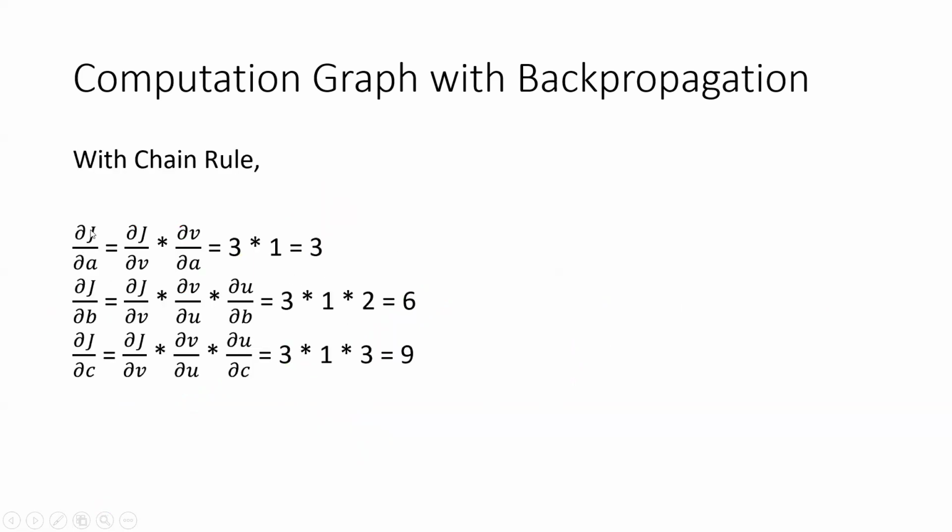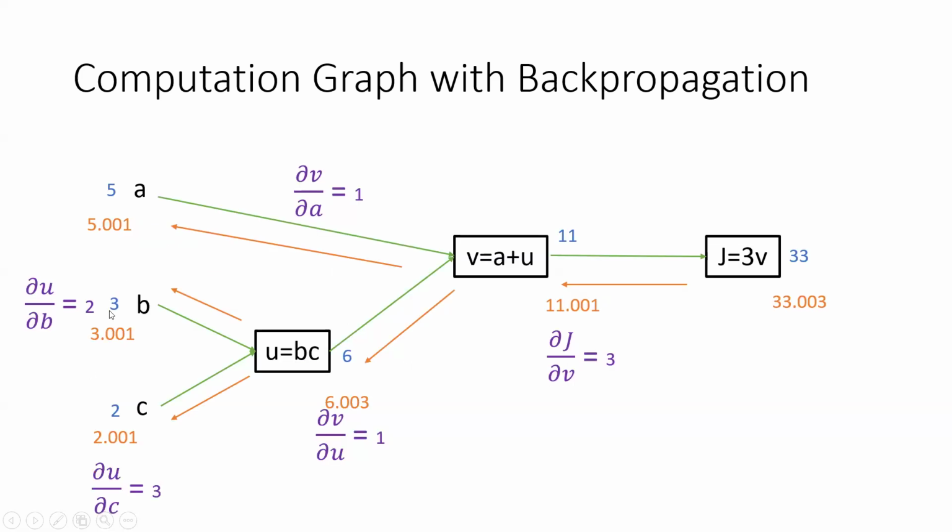Like this, and you can calculate all the partial derivatives, that means all these partial derivatives like ∂J/∂a, ∂J/∂b, ∂J/∂c, right? So in the earlier case, you can't directly find the ∂J/∂a, right? But here, because now we have ∂J/∂v and ∂v/∂a, you can calculate ∂J/∂a directly, right?